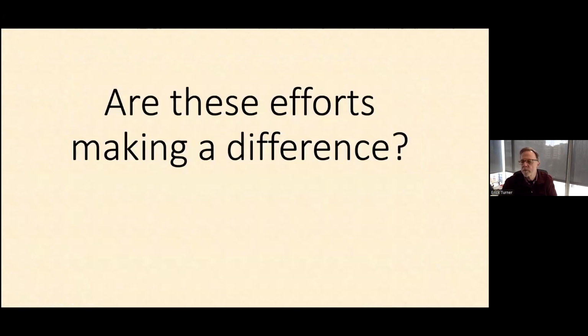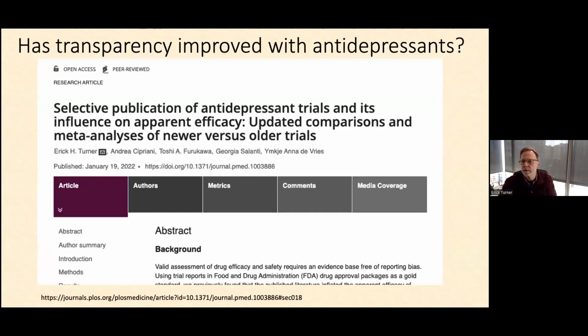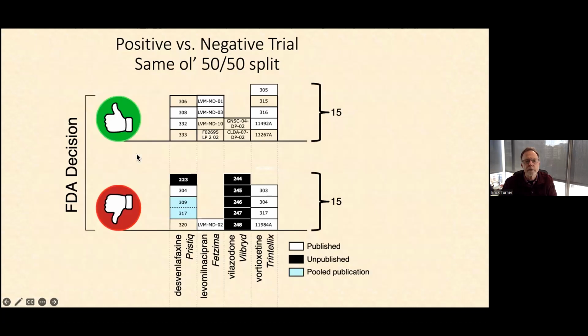So are these efforts making a difference? Just very short on time here, so I'm going to get to my update article in PLOS Medicine about a year ago, January of last year, with some colleagues, and we found again the old 50-50 split between positive studies and negative studies. This is only 4 drugs as contrasted with the 12 drugs we did before.